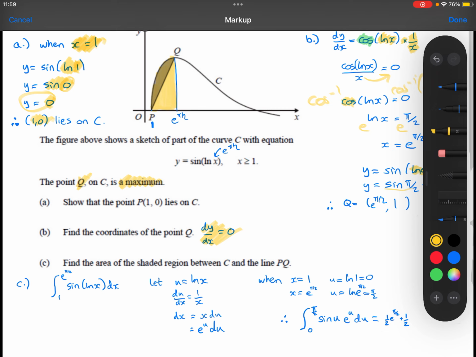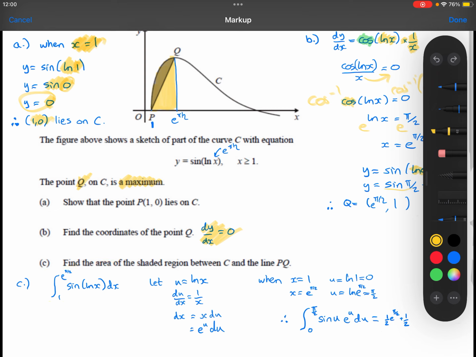And then what I'll do is I will subtract the triangle from that, and that will leave me with just the shaded area. So that's my strategy. So down here is the integral from 1 to e to the pi over 2 of sine ln x with respect to x.